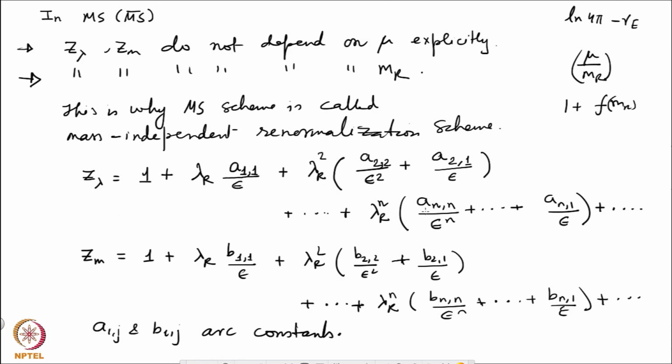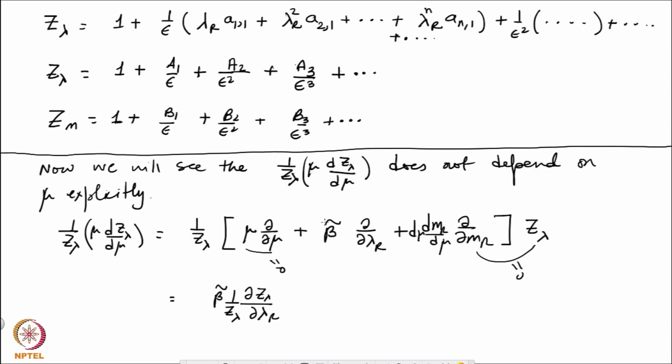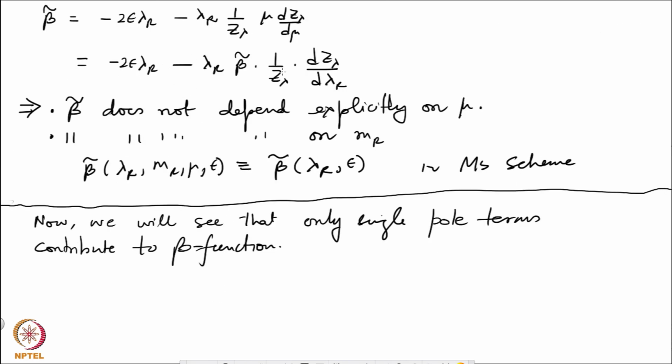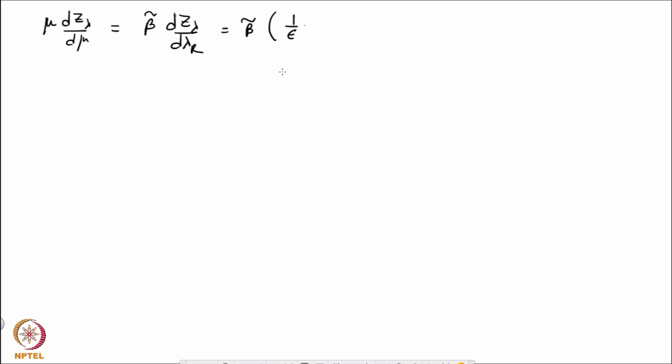They are both the same, there is no difference, but this is how I have organized it in terms of poles. So that gives you 1 over epsilon and the derivative of the coefficient of the simple pole, plus 1 over epsilon square d a2 over d lambda r, plus 1 over epsilon cube and so forth.